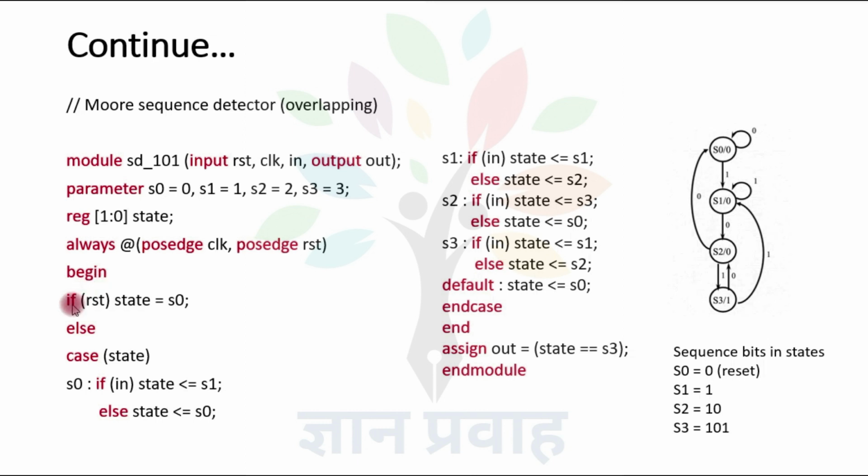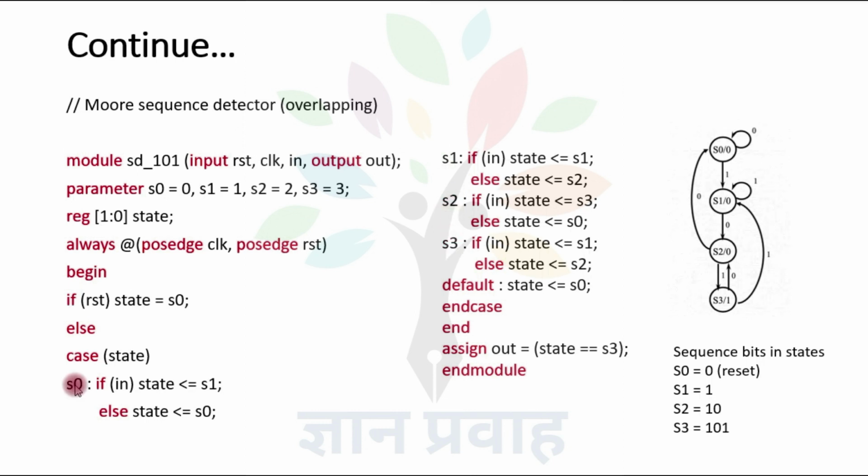Begin, if reset. If reset is at logic 1, then the state represents the next state. The next state will be S0, and here S0 is the reset state. It means it remains at S0 state. Else we are using a case conditional statement here. Case state, and there are 4 states: S0, S1, S2, S3.